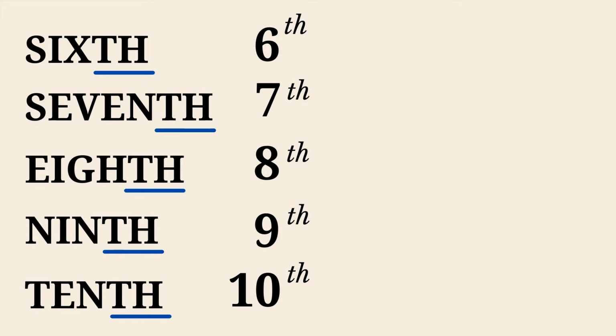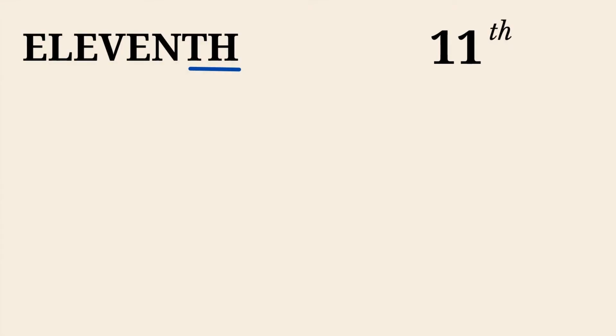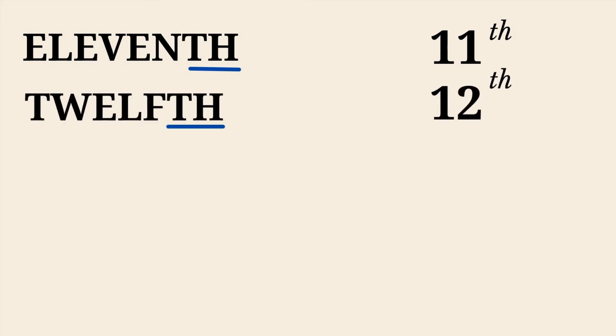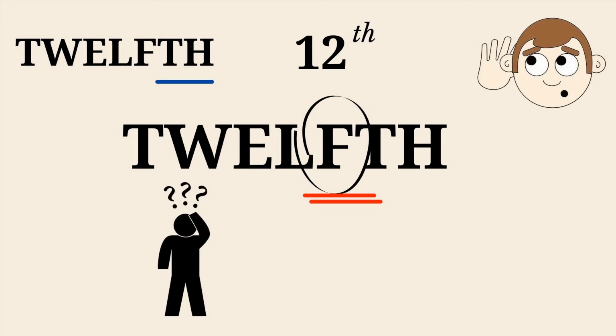Now let's continue with our ordinal numbers. The next after 10th is 11th, and 12th is very difficult to pronounce. If you look at here, you see that F. Many people try to pronounce it with the F. 12th.